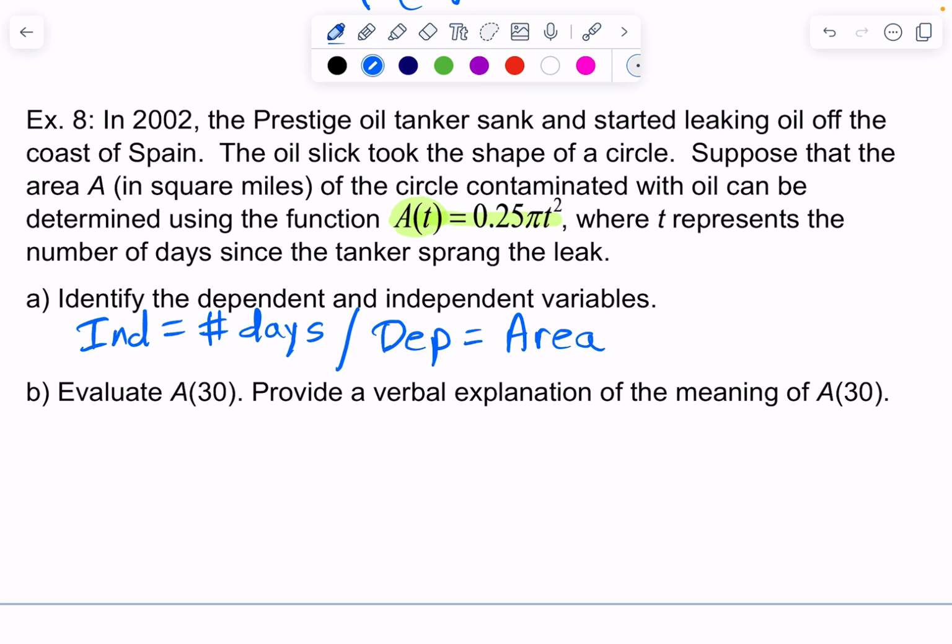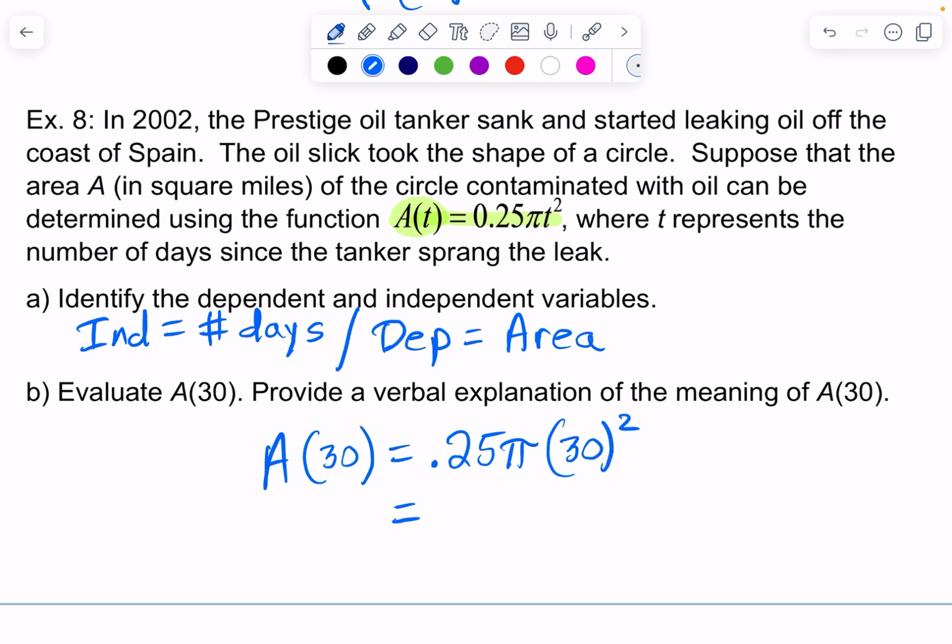And now let's go ahead and evaluate A of 30. What does that mean? Well, A of 30 means that I'm replacing the independent variable t with 30. So I'm literally going to replace t with 30, and I'm going to go ahead and calculate.